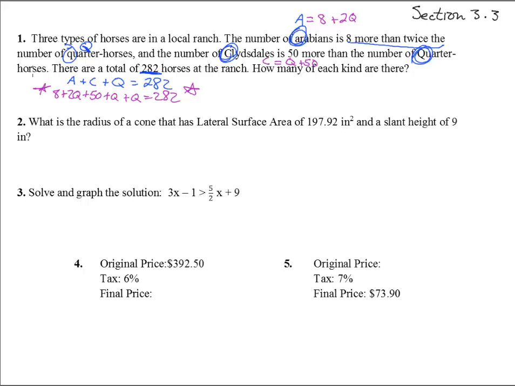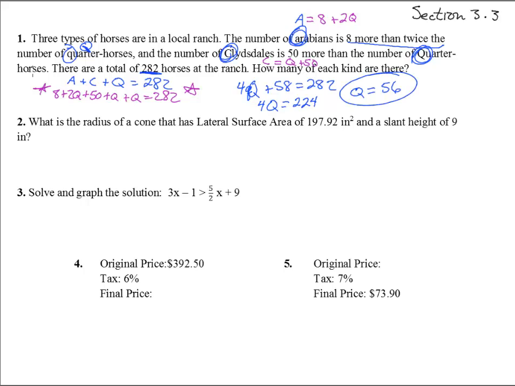So we keep going now. 2Q, 3Q, 4Q. 4Q plus 58 equals 282. Subtract 58 from both sides, and we get 4Q equals 224. Divide both sides by 4, and we get the number of quarter horses is 56.